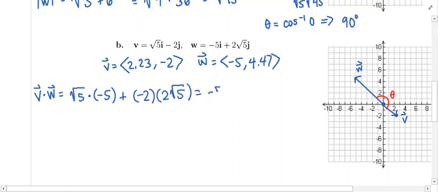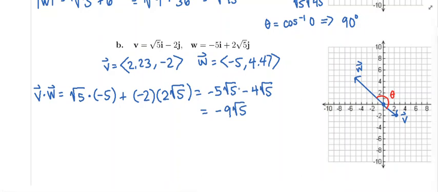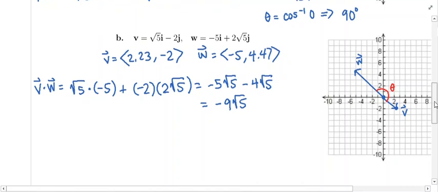This is going to be negative 5 square root of 5 minus 4 square root of 5, so this is going to be negative 9 square root of 5. You can combine terms with radicals as long as you have the same radical. So that's the dot product. We definitely don't have orthogonal vectors because the dot product is non-zero.